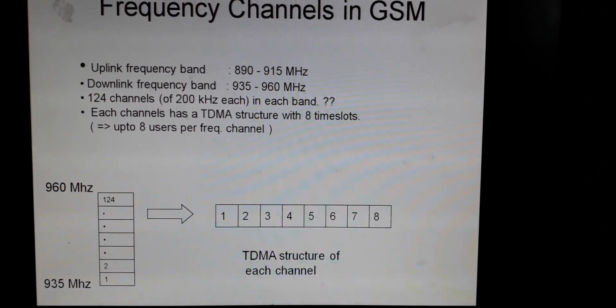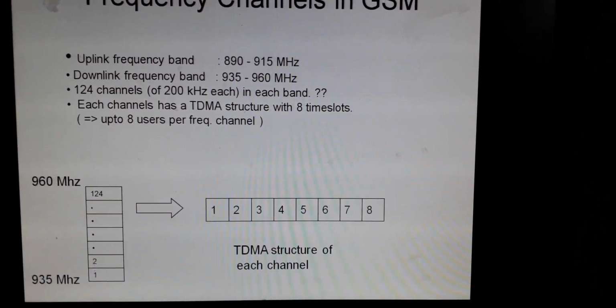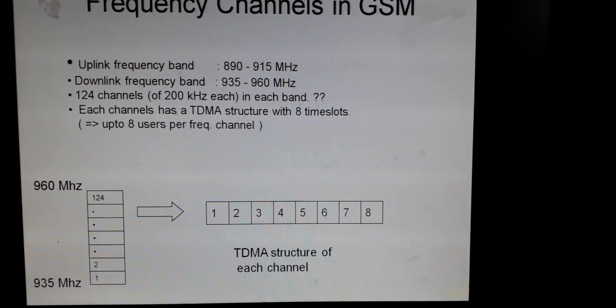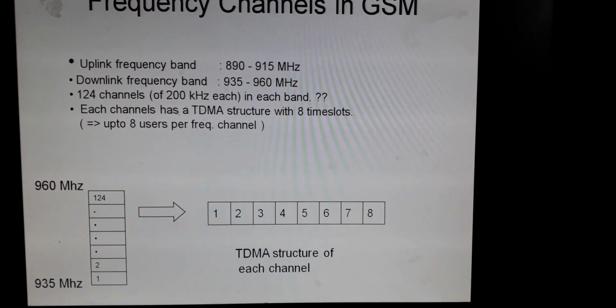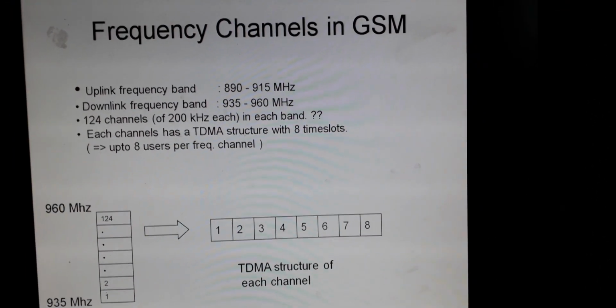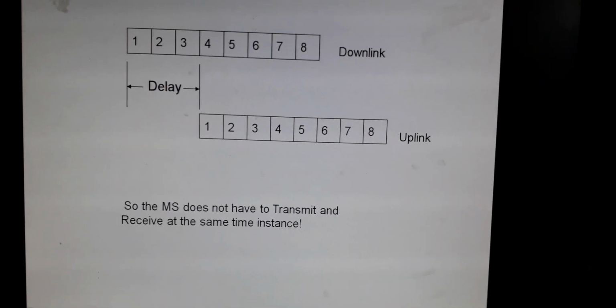When we talk about the 900 MHz frequency band, there are 124 channels, each of 200 kHz. That means one channel can have 8 time slots. The uplink and downlink have a 3 time slot delay.